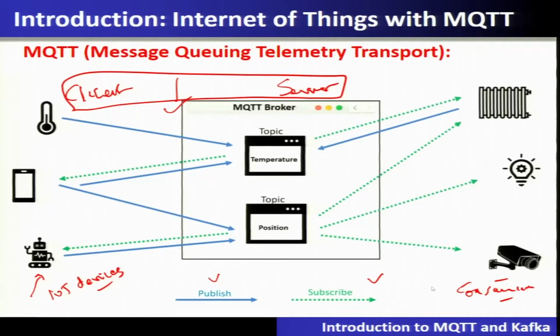To support this publish subscribe mechanism, the MQTT broker organizes and indexes the data sent by IoT devices in the form of topics. They publish the data according to a particular topic, and that is stored in the MQTT broker, which is nothing but a scalable server end.